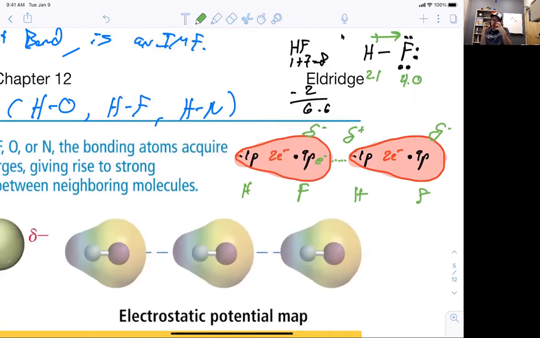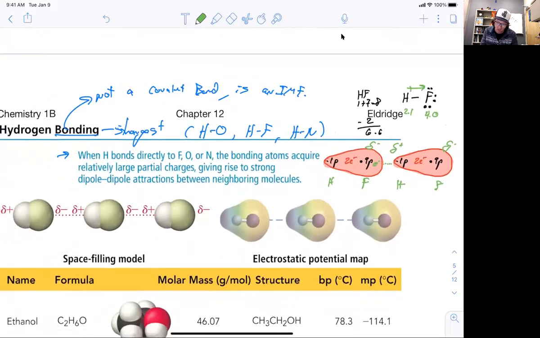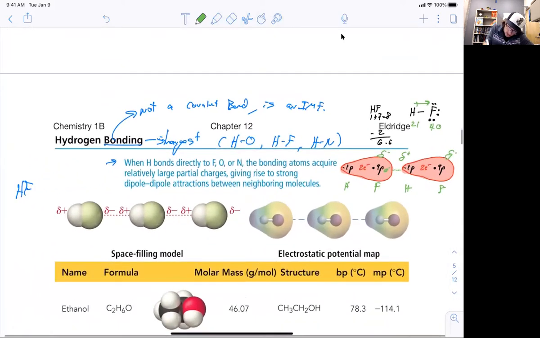this really strong intermolecular force, which again isn't that strong compared to covalent bonds, but it's stronger than both dipole and dispersion forces. Sometimes I've heard hydrogen bonds be called a super dipole.